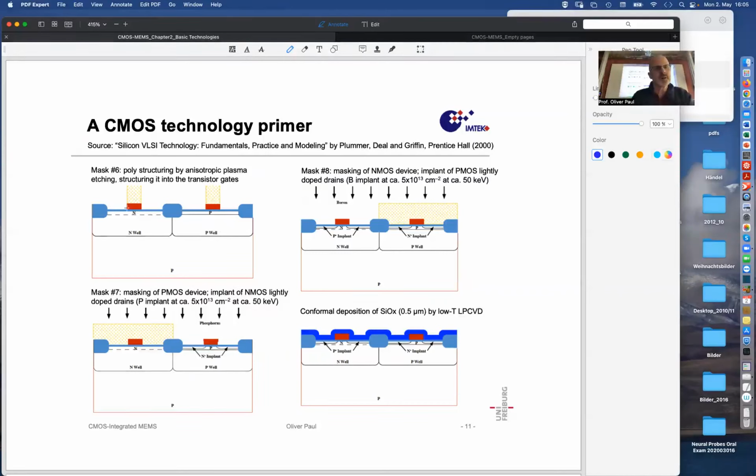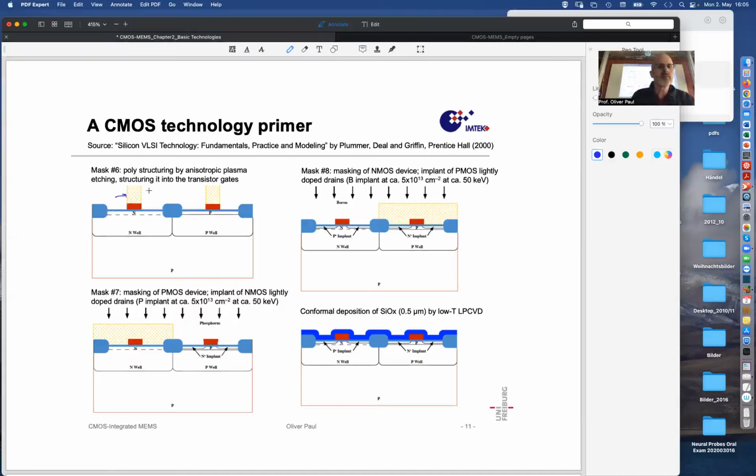And that photolithography is then followed by some anisotropic plasma etching, vertical etching, so that the structure of the photoresist is really reproduced in this polysilicon. So now we have this polysilicon, and let's say in this technology of those times, this may be half a micron of width.